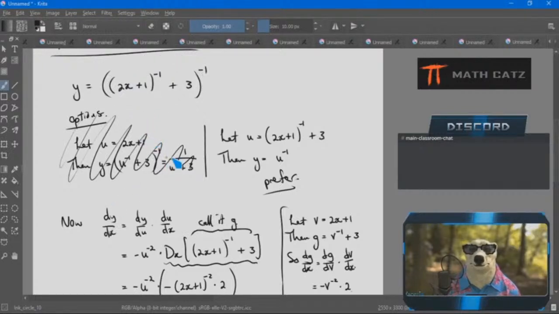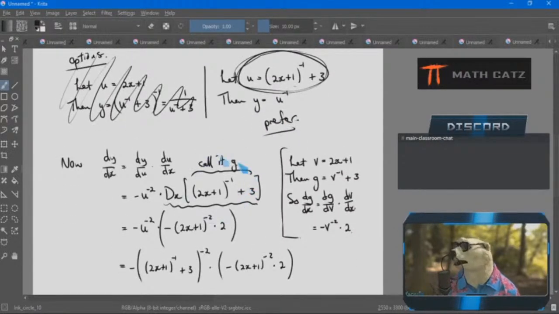I focus on keeping the outside function simple, making whatever choice for u I need to make in order to have that happen. And then when the time comes and I need to look at the derivative of that inside function, I'll then reassess. What does this require? Oh, it's another chain rule.